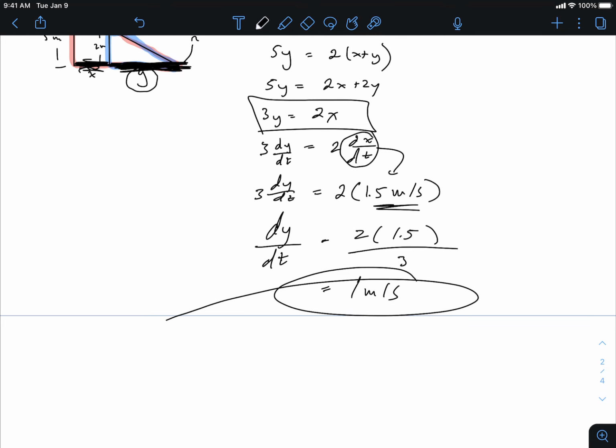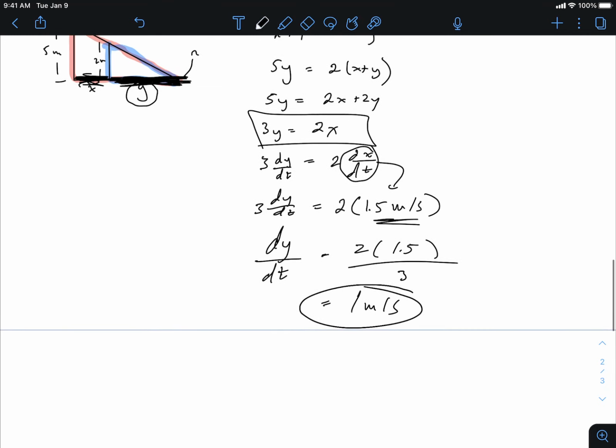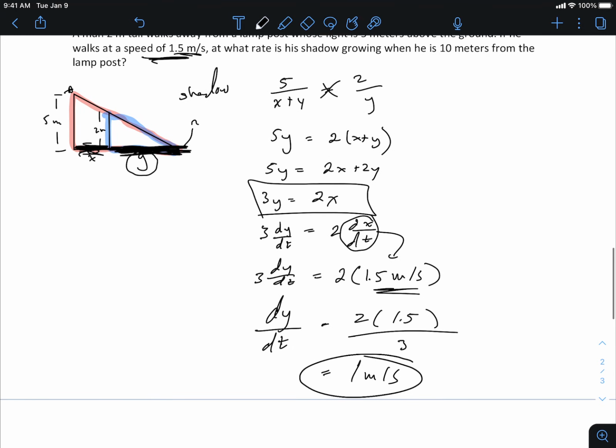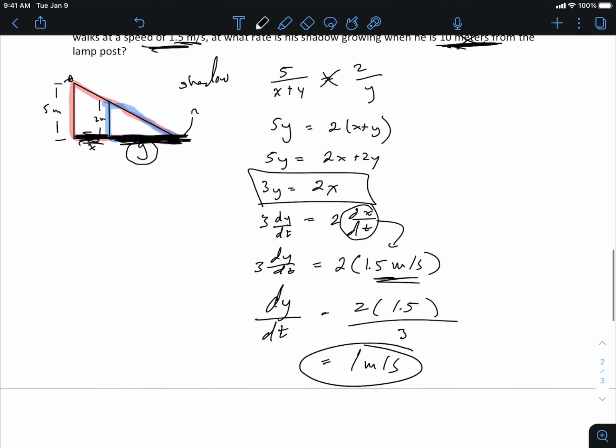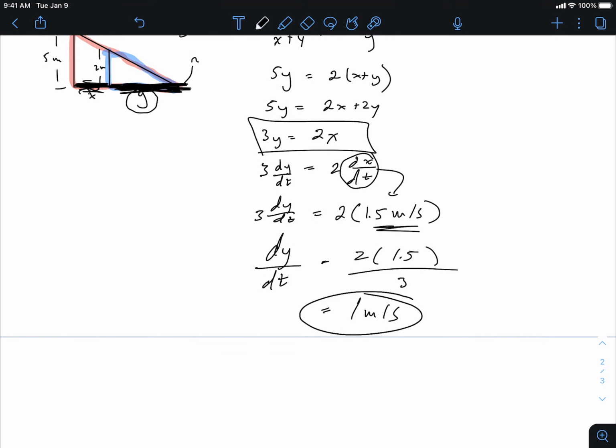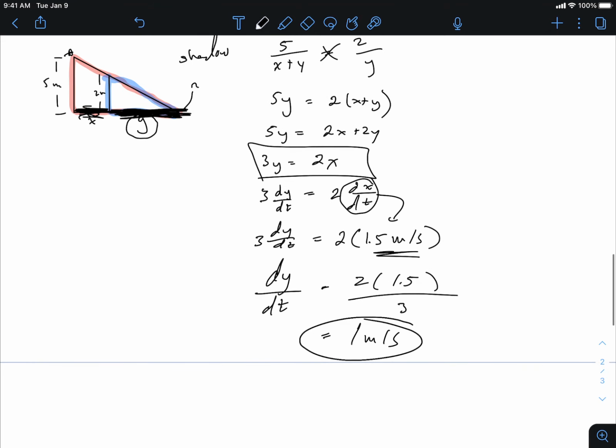What's interesting about this question, the way we've set it up, because of the ratios, is that it's actually irrelevant how far away he is from the lamppost. This doesn't play a role here, and we know that's the case because there are no more variables left. It's just the two rates after we derive implicitly.